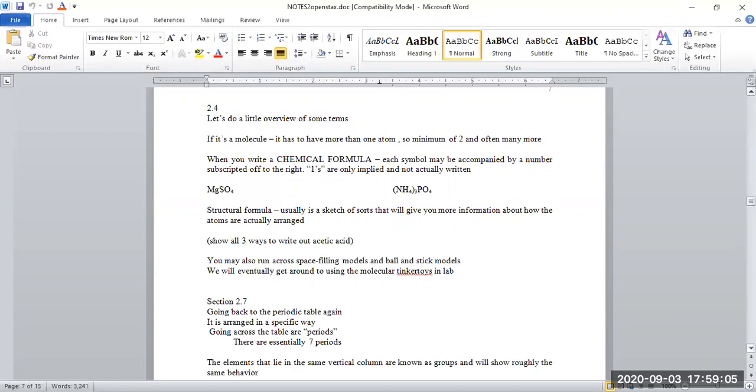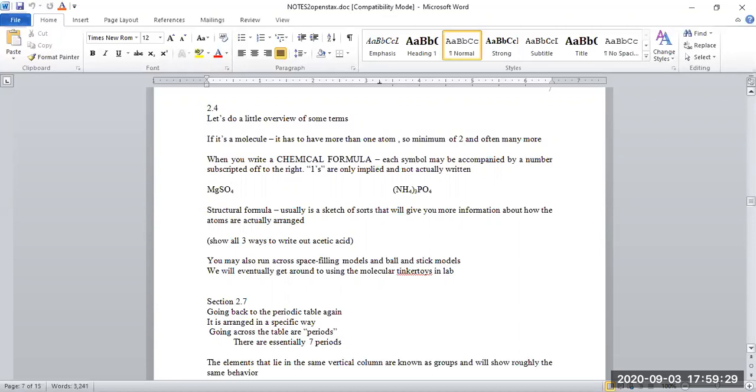Something else that we'll run across, and we only see a little bit of it in this chapter, again one of those things that gets touched on here and comes back in a later chapter, is how the molecule would actually look if you built it with Tinker Toys.